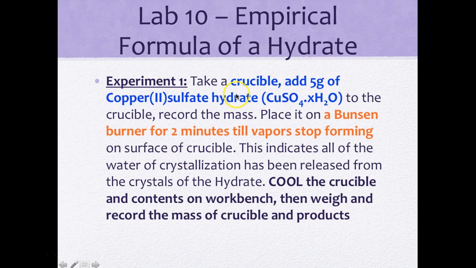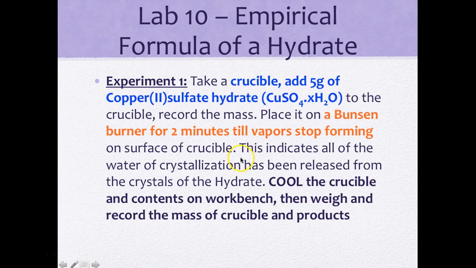So you take a crucible, add 5 grams of the copper 2 sulfate hydrate, and then record the mass. The empty crucible is 88, so once you add 5 grams of the hydrate, the mass should be 93 grams. Place this on a Bunsen burner and heat it for 2 minutes until all the vapors stop forming. That means you've driven out all the water.